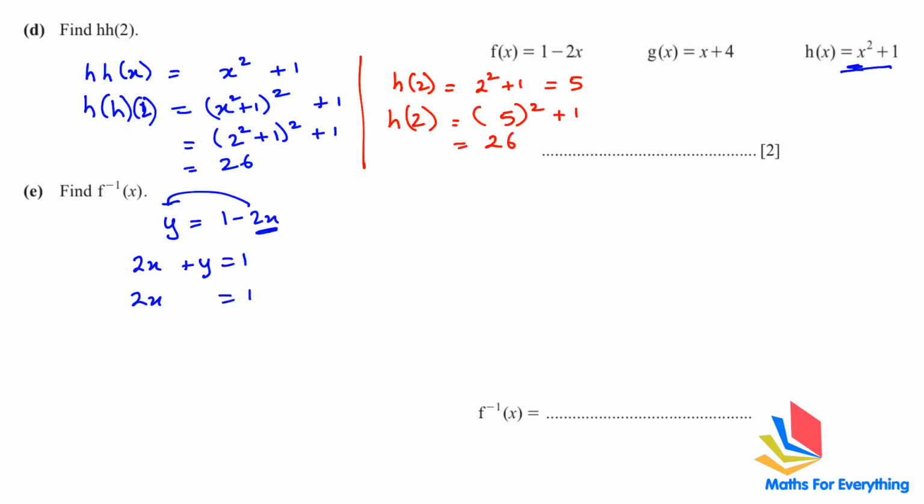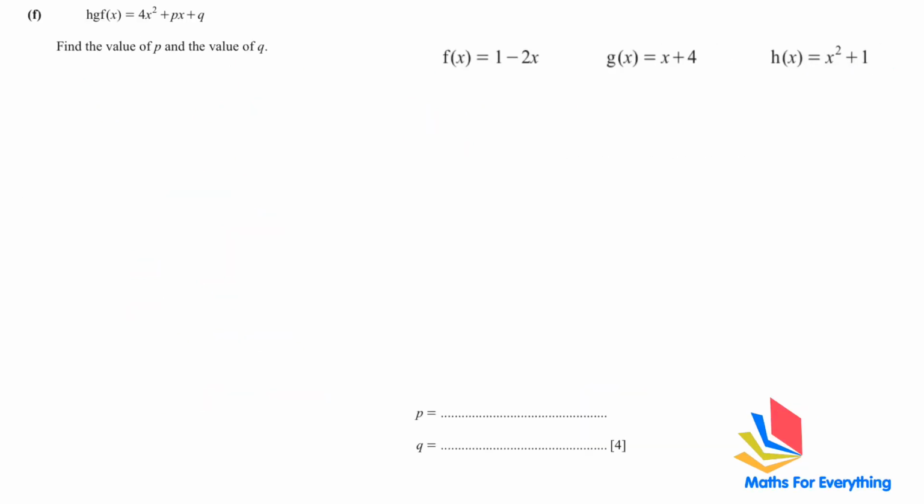Then I'll move the y to the other side, it will be negative. This is a multiply. When I move it to the other side, it will be divide. After this point, in place of x, we are going to write f inverse x. In place of y, we'll write x, and the 2 will remain the same. So f inverse x is equal to 1 minus x over 2.